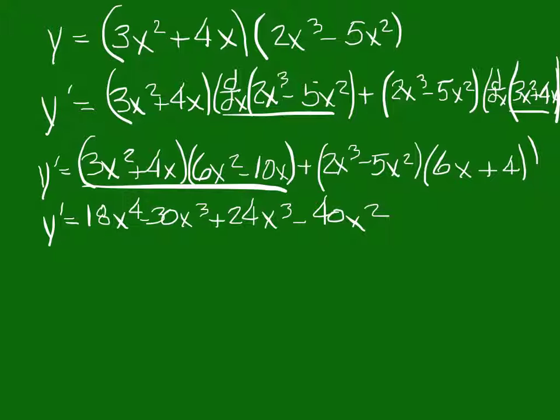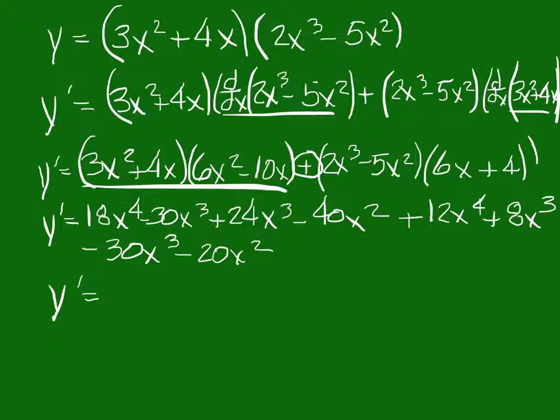Since you have a plus sign here, there's no need to put a set of parentheses. So we'll have 12x to the fourth plus 8x to the third, and then down to the next line, minus 30x to the third minus 20x squared.